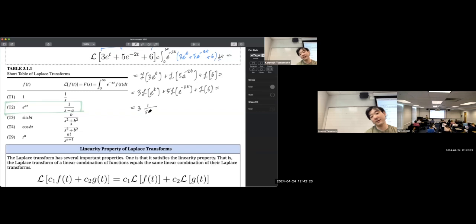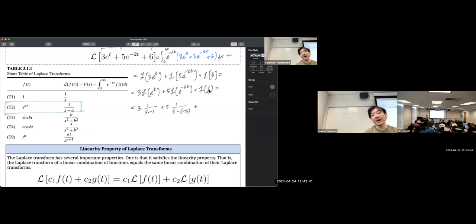Yes, that's just because a is equal to 1. Plus, what's the Laplace transform of e to the negative 2t? 1 over s plus 2. Yeah, it's plus 2, because it's really negative of negative 2.